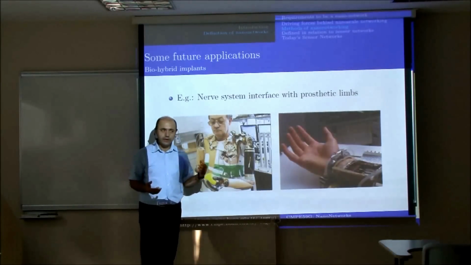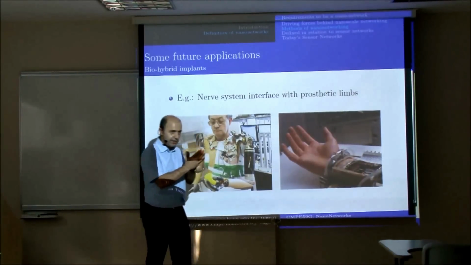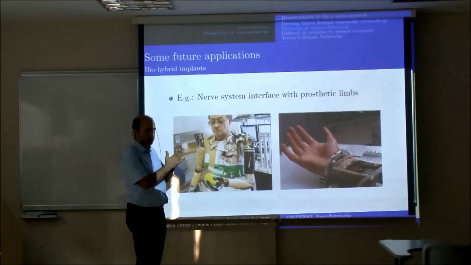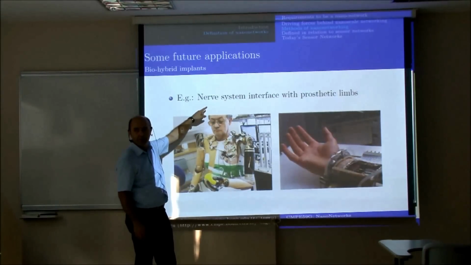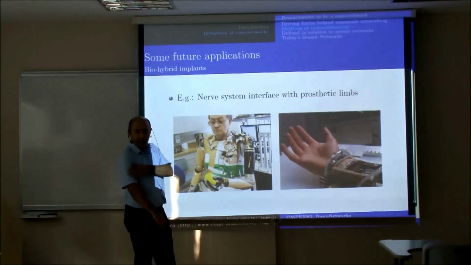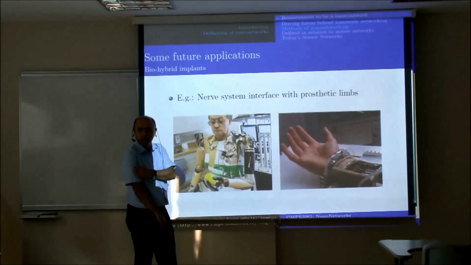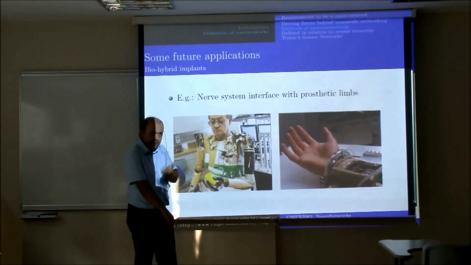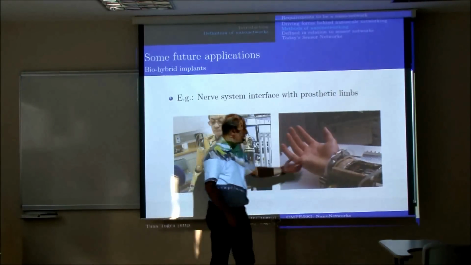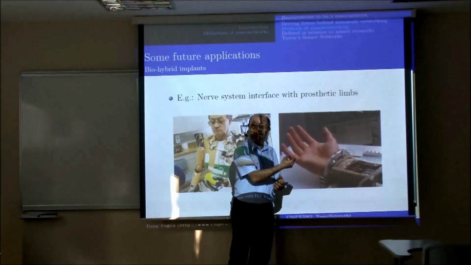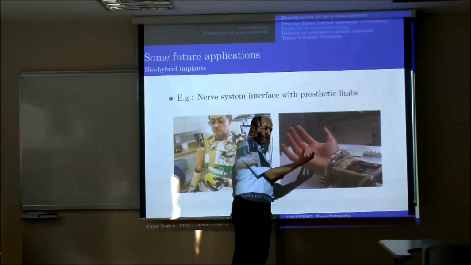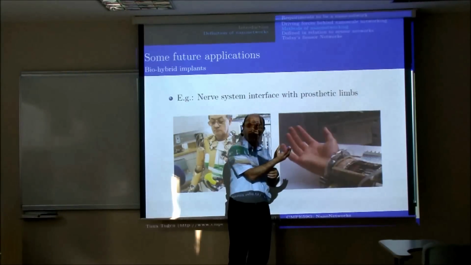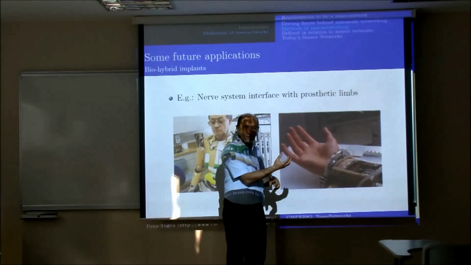If we can do the transition in that interface between the limb and the nerve system, if you can understand the signal that's coming through the nerve and convert it to electric signals that will move the fingers, and also in the reverse direction, when you try to hold something, if you assume that you're trying to hold an egg, if you hold it tight enough, you should stop.